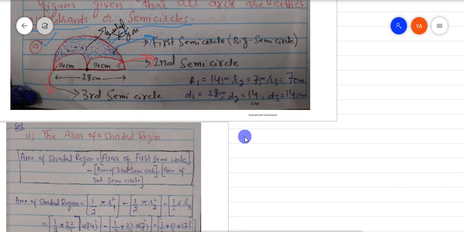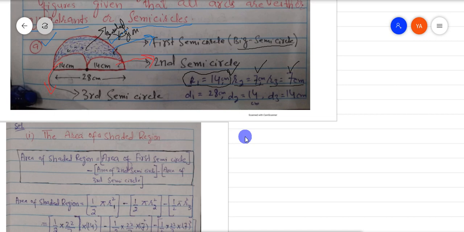In this question, the radius of the first semicircle, the big semicircle, is 14 centimeter, and the radius R2 of the second semicircle is 7 centimeter, and the radius of the third semicircle is also 7 centimeter.